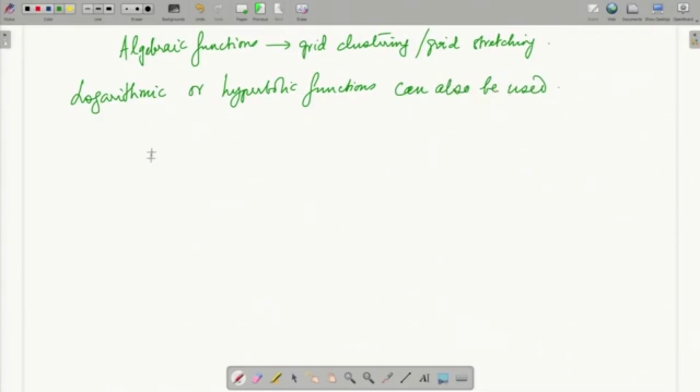For example, if you have a transformation xi is equal to x and eta is equal to 1 minus natural log.